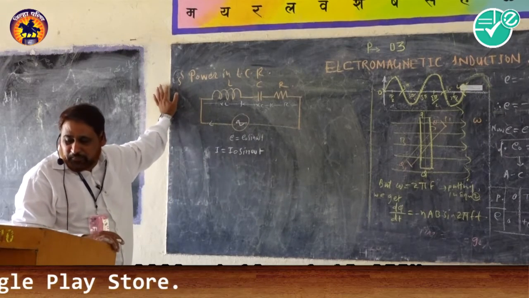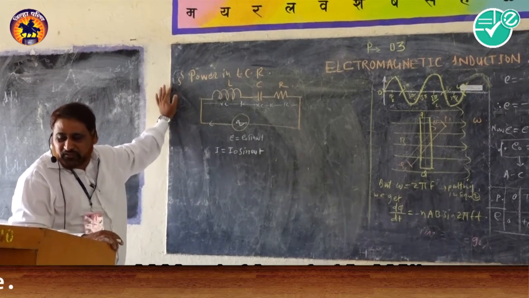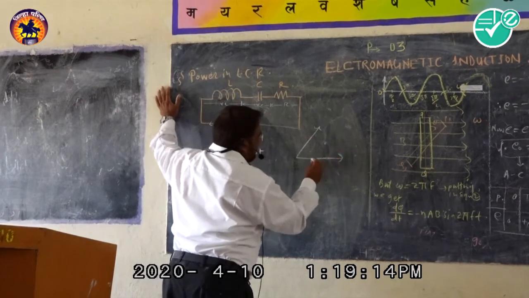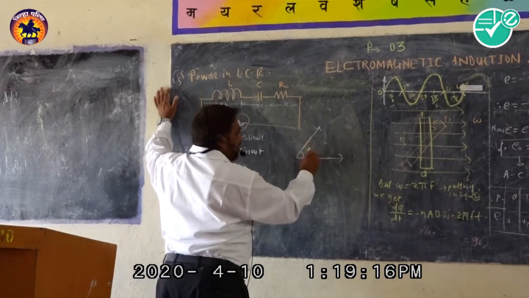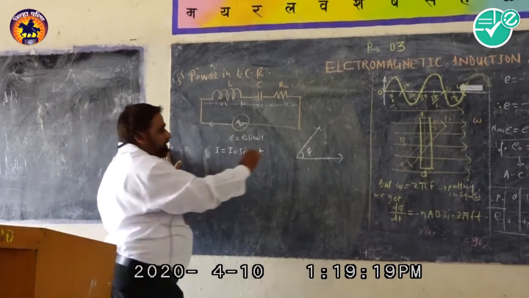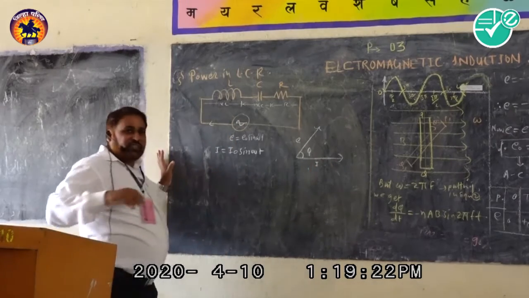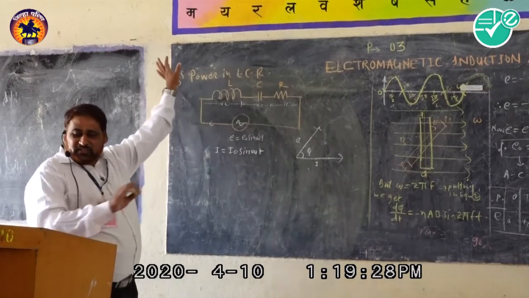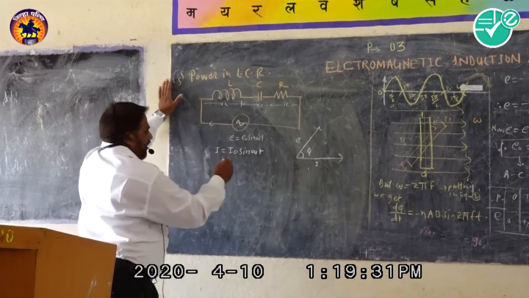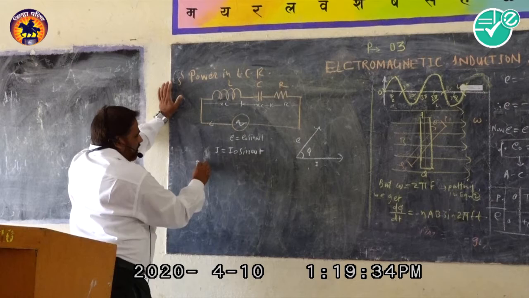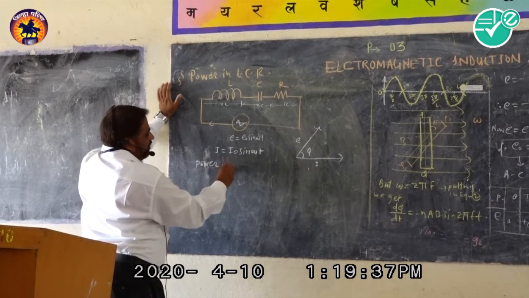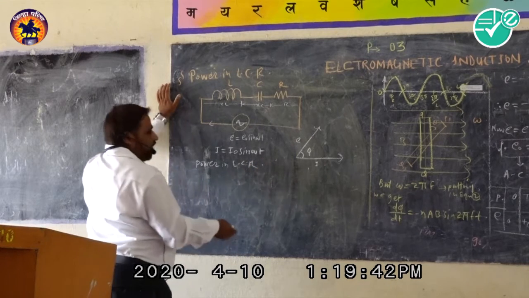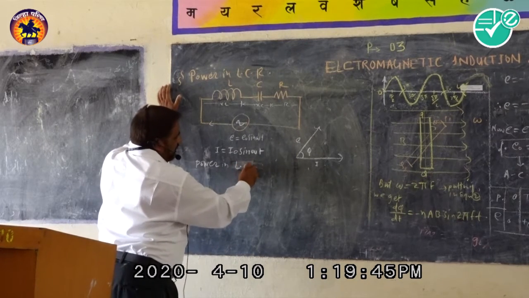Suppose the equivalent EMF and the current I have a phase difference phi. If there is a phase difference of phi between the current and the EMF, then the power in the LCR circuit is the scalar product of EMF and current.